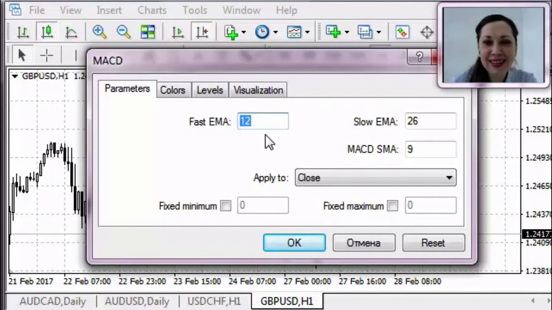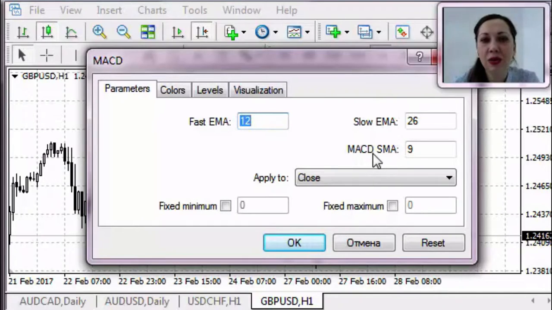And it consists of two parts actually, a histogram and a moving average. The histogram consists of fast EMA and slow EMA. Actually, it's all complicated as mathematics, but nevertheless, we'll have a histogram and a signal line. The histogram sometimes is called the slow line, but it consists of fast EMA and slow EMA.